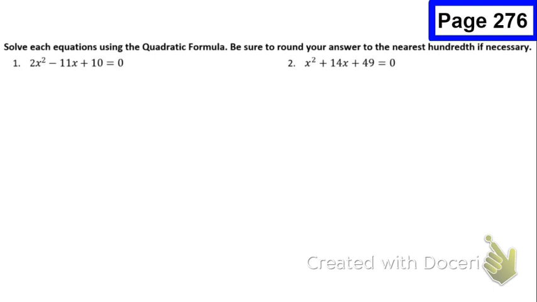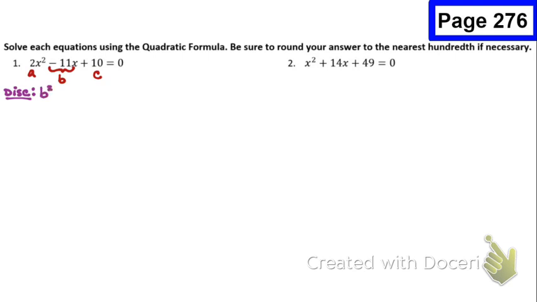What is the first thing I need to identify? A, B, and C. What are the A, B, and C values we're using? Yes. A is 2, B is negative 11, and C is 10. Then we're going to find our discriminant so that we know how many and what type of roots we're looking for, and so that the part underneath the radical is just one number.